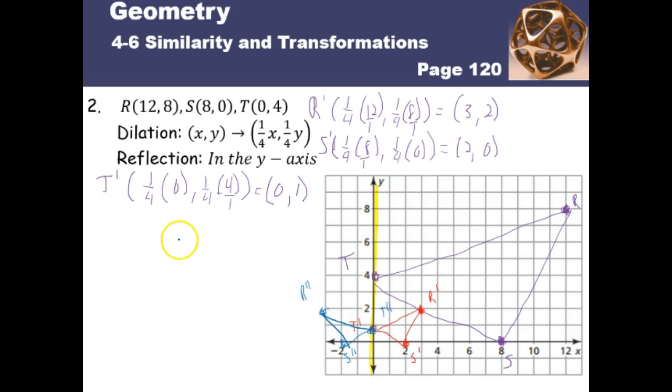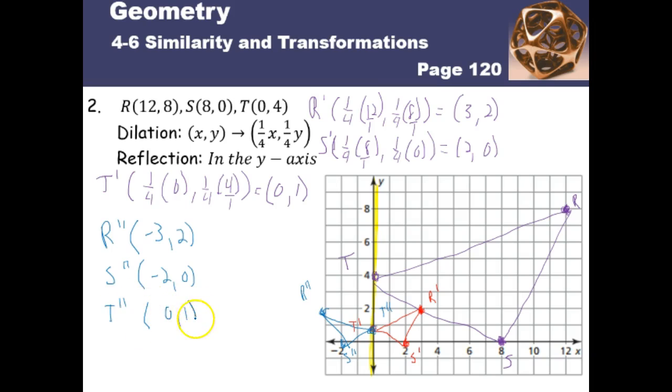Okay, and then I have to write these down. So R double prime is right here at (-3, 2), and S double prime is at (-2, 0), and T double prime didn't move, it's at (0, 1).